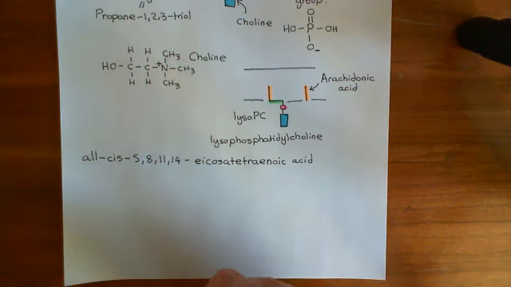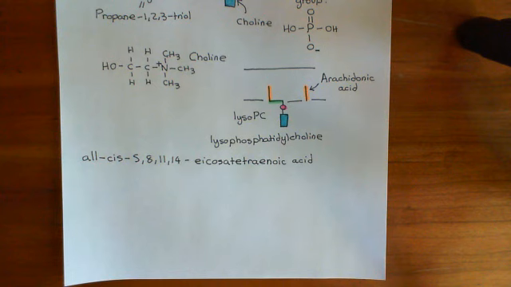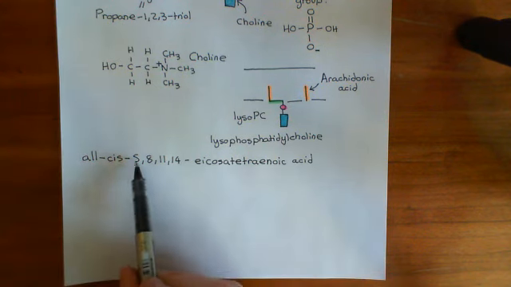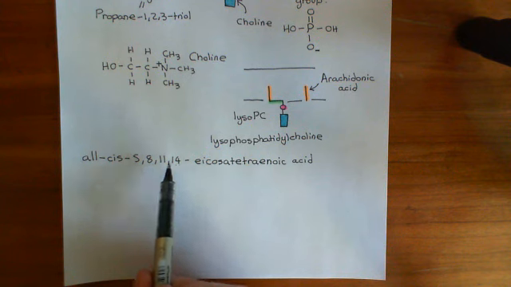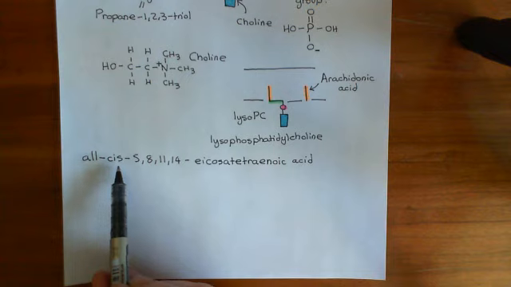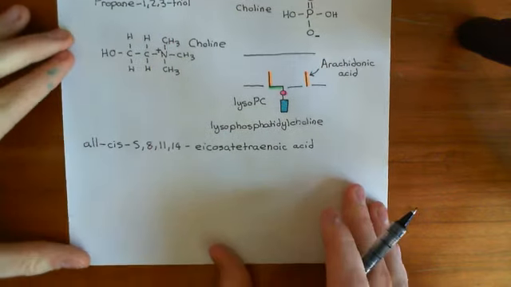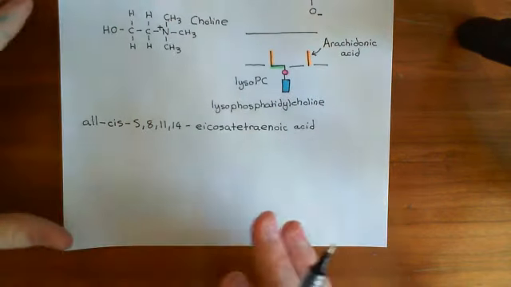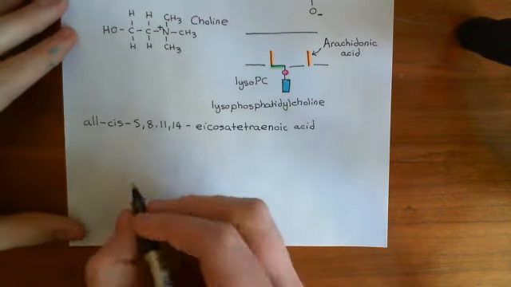Biologists use arachidonic acid for a very, very specific icosahexaenoic acid. The double bonds have to be at position 5, 8, 11, 14, and they all have to be in the cis EZ isomerism. So let me just discuss EZ isomerism so that we're all on the same page.